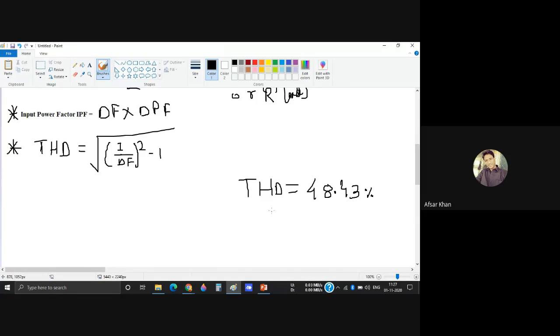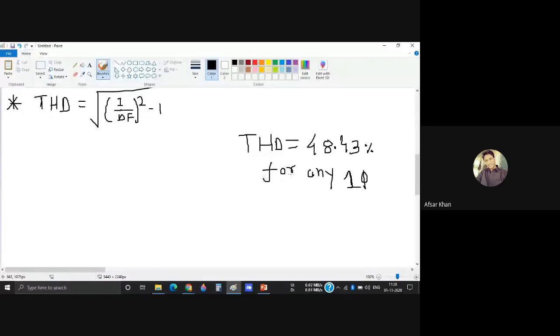48.43% for what? For any single phase. You have to remember this. You don't need to calculate in the problem. If you remember this statement, you don't need to do calculations in problems.